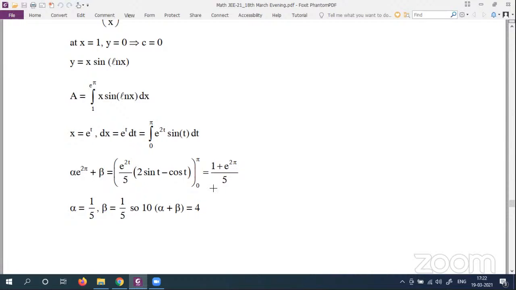Comparing with the answer, we get alpha as 1/5, beta also as 1/5. So simplifying that, we get 10 times (alpha plus beta) as 4.